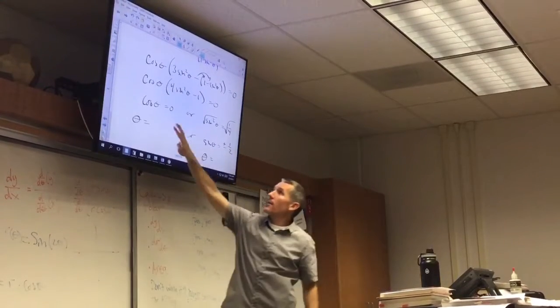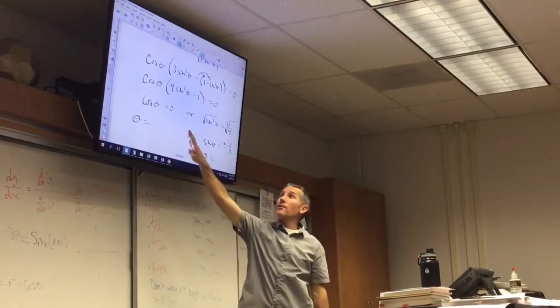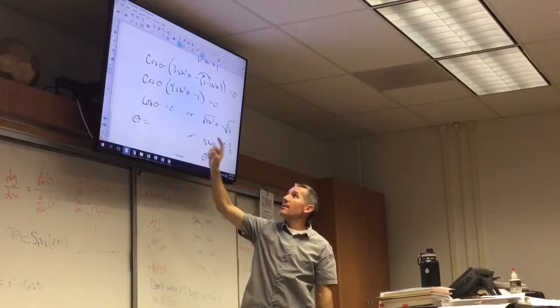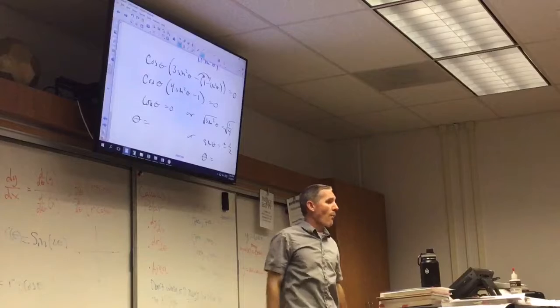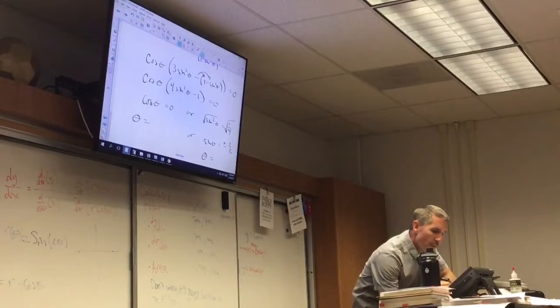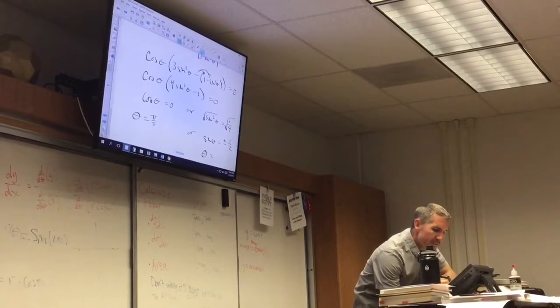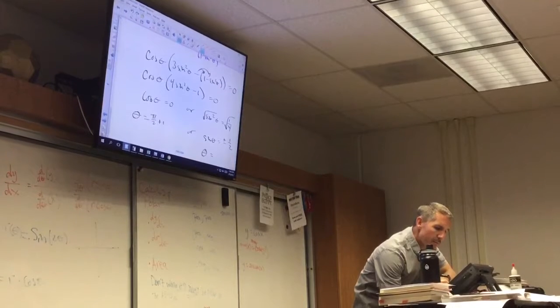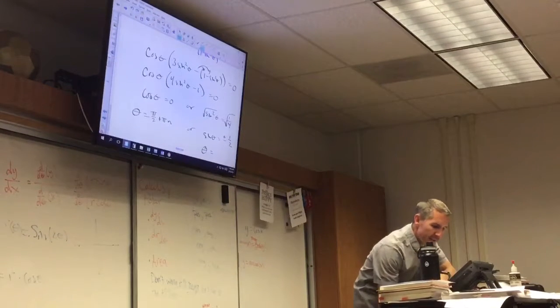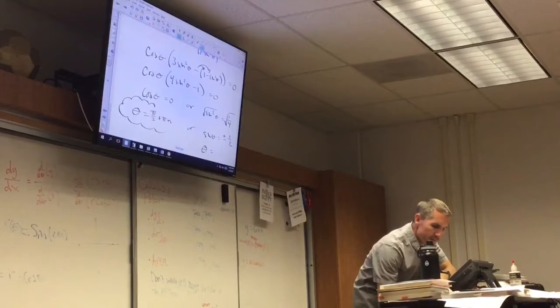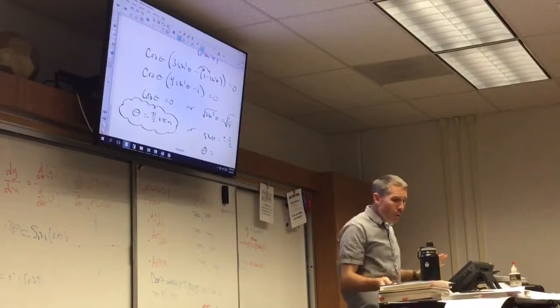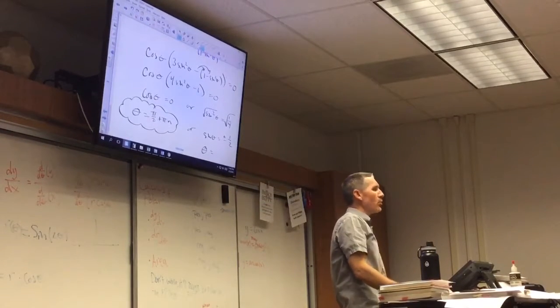So first of all, let's talk about this. What are all of the theta values where cosine theta is equal to 0? So pi halves plus pi times n, where n is any integer, right? Or sine of theta is equal to 1/2.